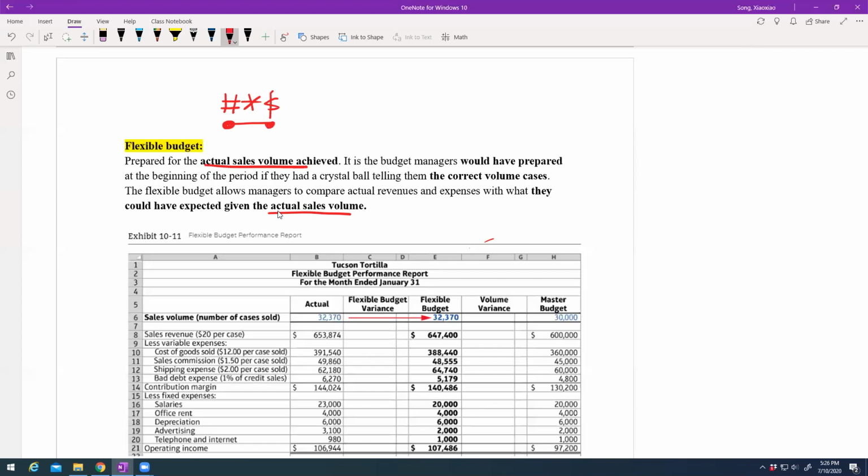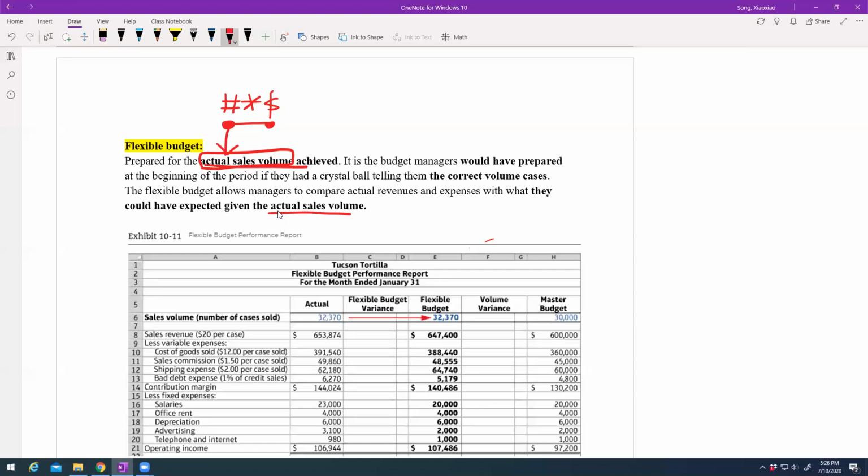So for the flexible budget, you use the actual sales volume, but you use your budgeted price and compare it with your actual price.